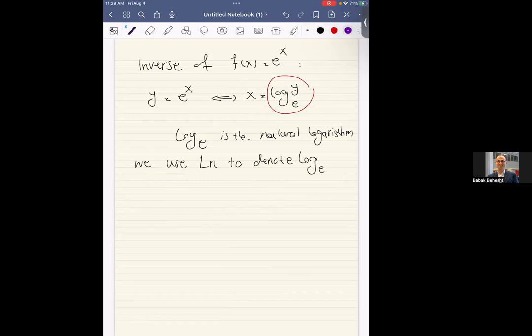Okay, therefore, when I say y equal to e to the power x, if and only if x equal to ln of y. So basically, ln means logarithm with base e. It is the natural logarithm.